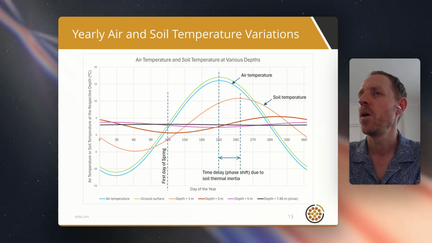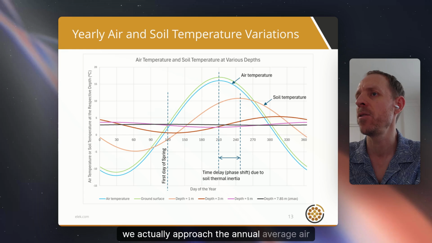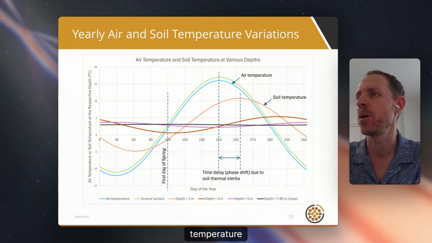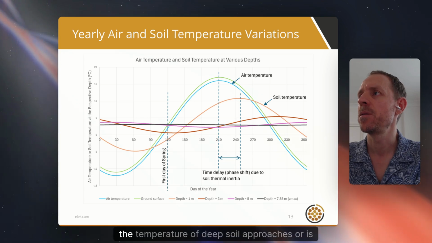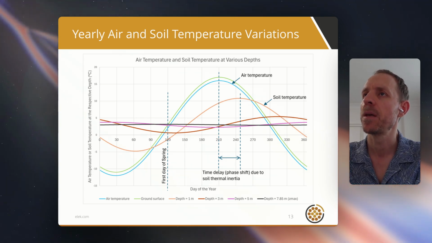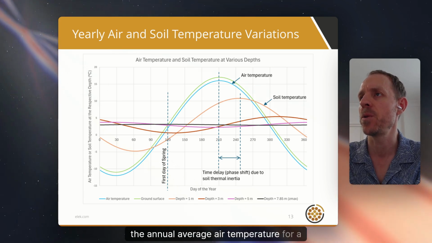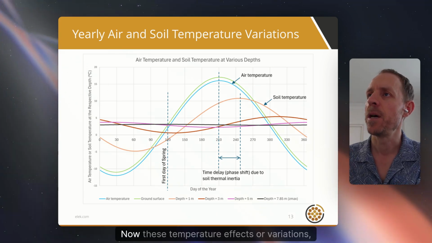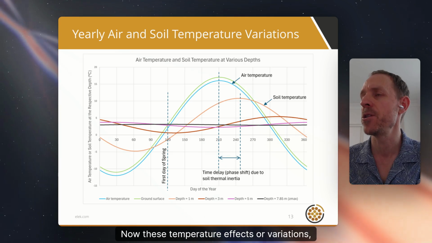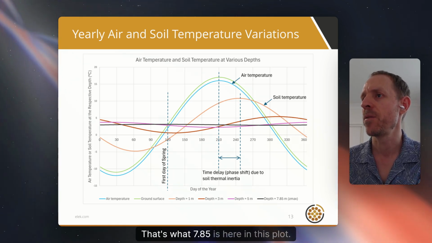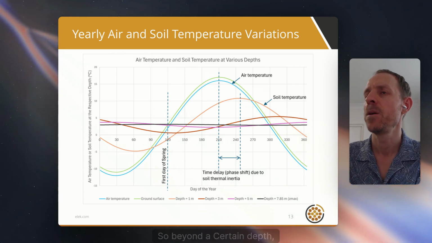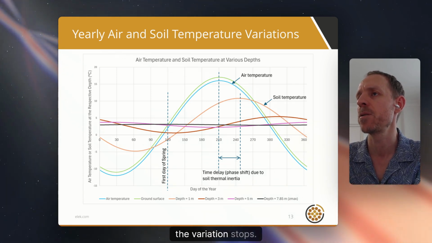As we go deeper, we actually approach the annual average air temperature for that location. So the temperature of deep soil is close to the annual average air temperature for a particular location. Now, these temperature variations don't occur beyond a certain depth. That's what 7.85 is here in this plot, Z max. So beyond a certain depth, the variation stops.